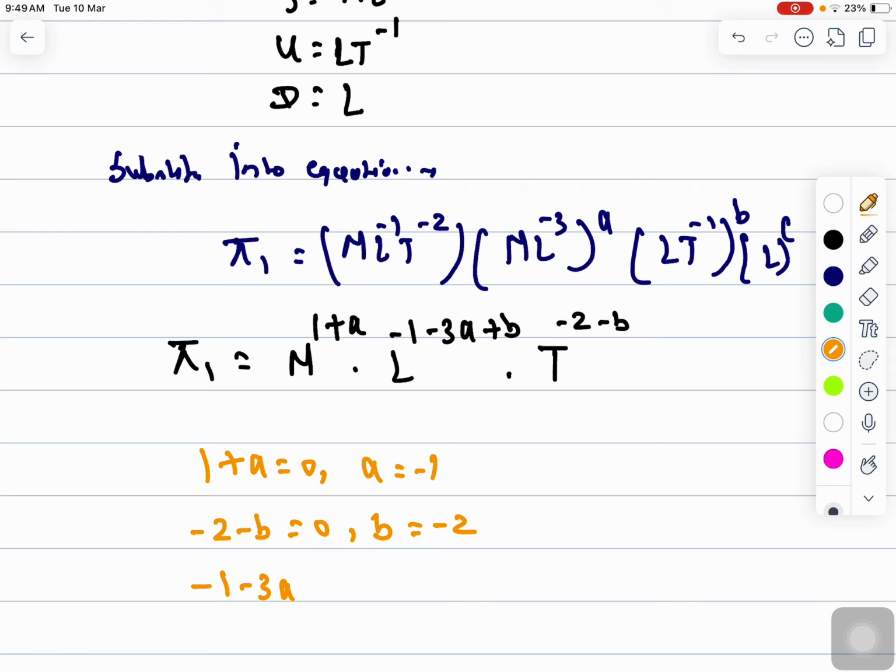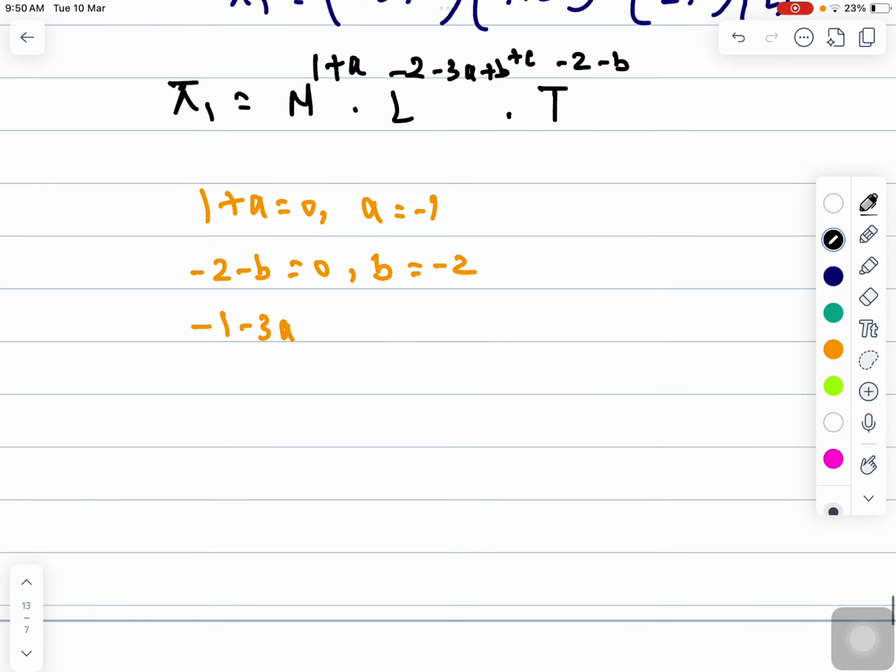I have made one mistake over here. So for L it should be minus 1 minus 3a plus b plus c, right?